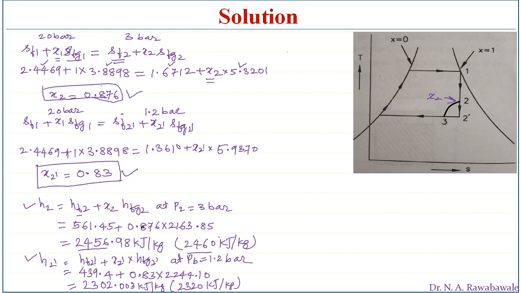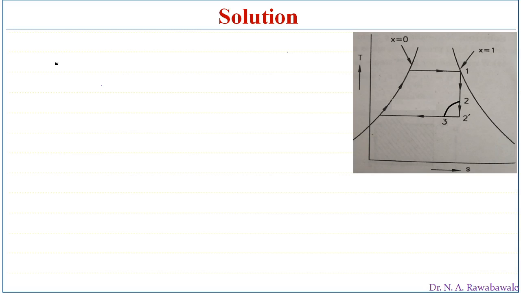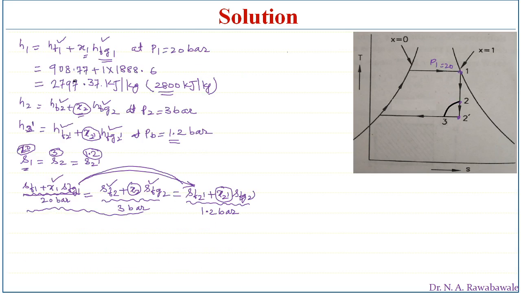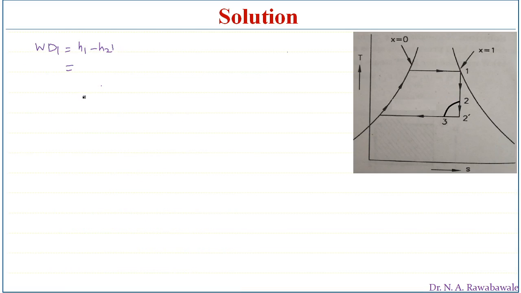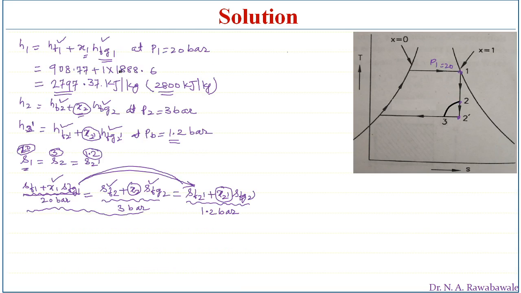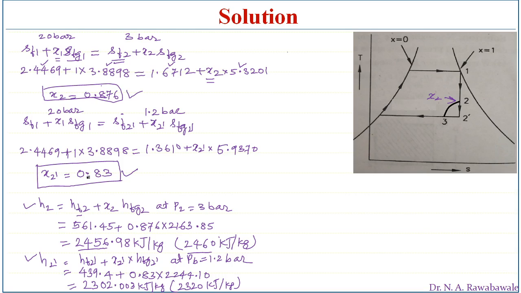Now again we will find the work done. Work done 1 equals h1 minus h2 dash. The H1 value we obtained by the graphical method is 2797, minus H2 dash, the enthalpy at point 2 dash.